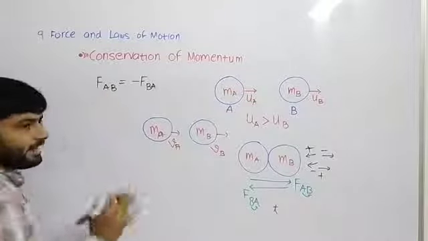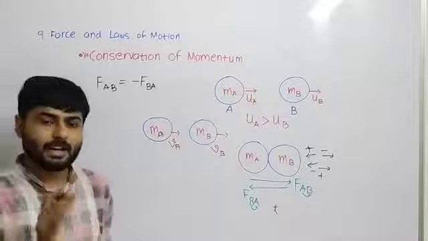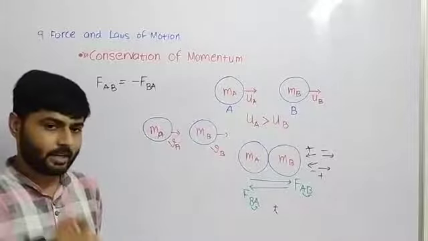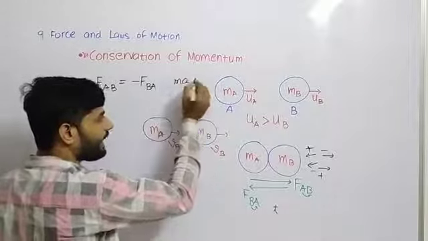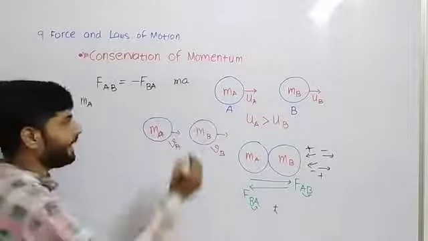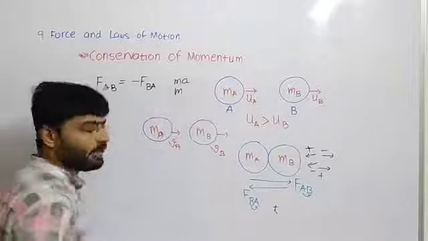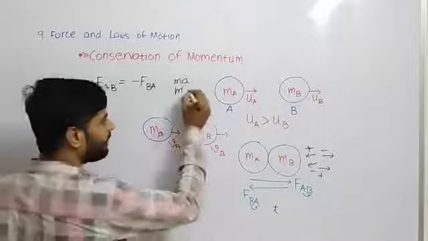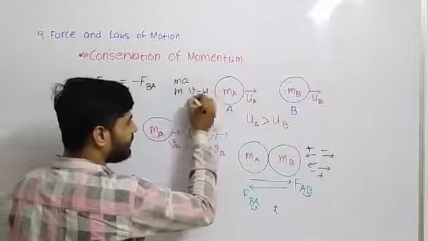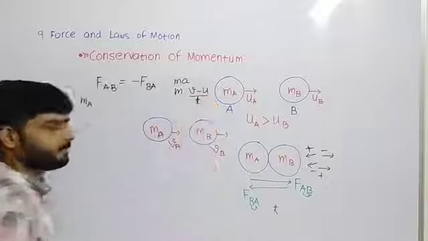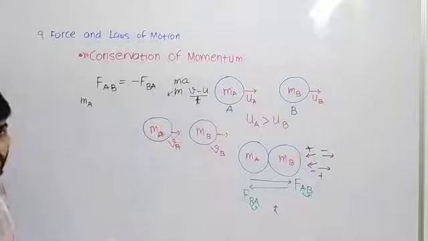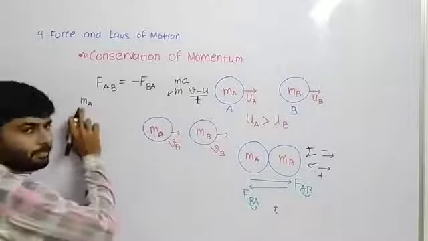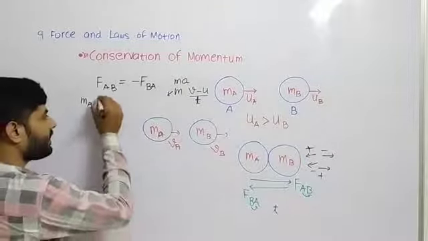Force is nothing but rate of change of momentum. Force is equal to M, and this M will remain the same, and acceleration is V minus U divided by T. By this method, we can derive this formulation. Mass of ball A is MA.